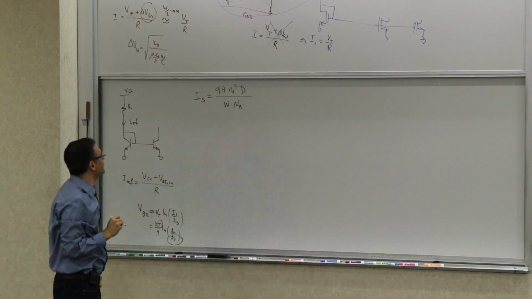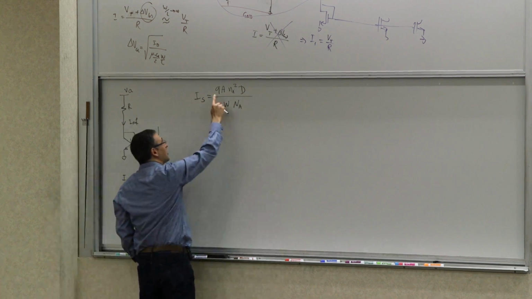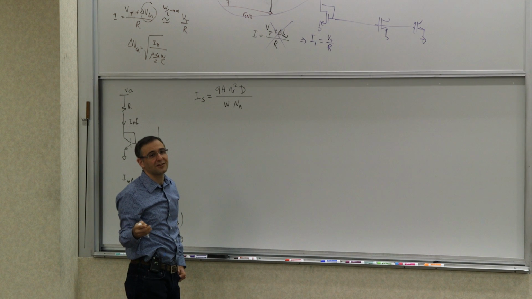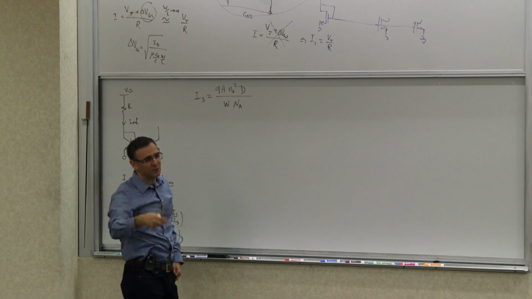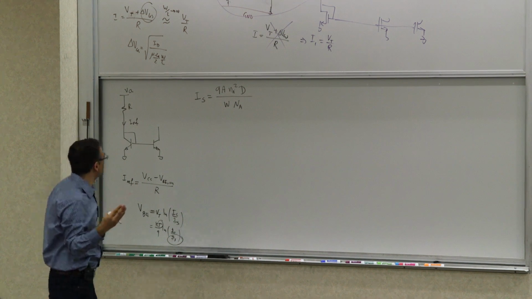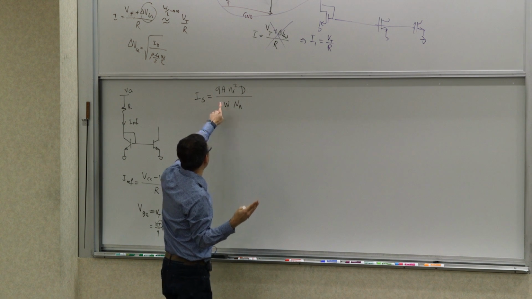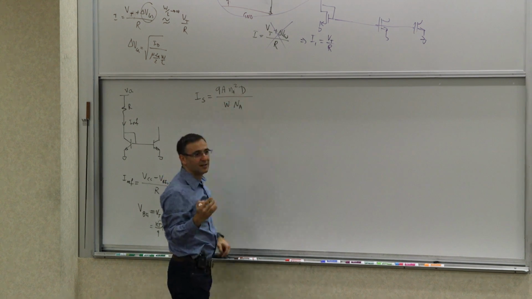So that's the expression for IS. Now, there are several things that don't depend on temperature. The electronic charge doesn't depend on temperature, or the area to first order, if you ignore thermal expansions and things of that sort that are very tiny. The width doesn't depend on temperature, or this doesn't depend. But the things that do depend on temperature are this and that.